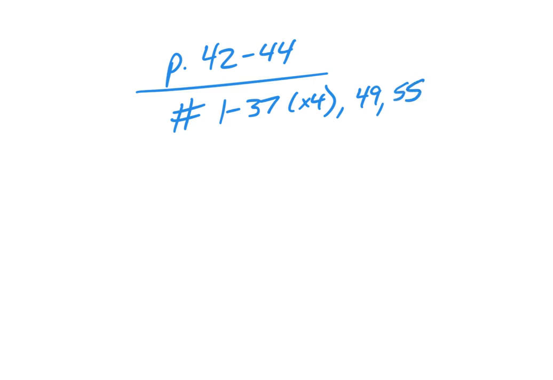Okay, we're going by fours. So once again, we're going to start at number 1, add 4 to it, which would be 5, and then 9, and then just keep going up to 37, and then 49 and 55 at the end. So I think yesterday we went by 5s, today's by 4s.